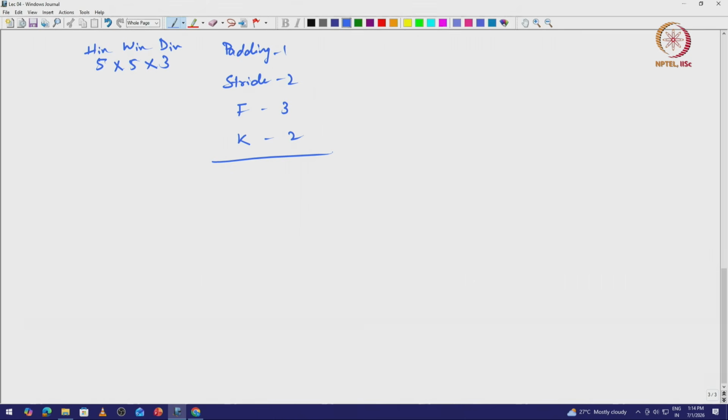So now you can think of it like this. How do you compute the number of weights in this case? You have 3 cross 3, this is the kernel size, that is repeated thrice because your input channel, this is your D in.